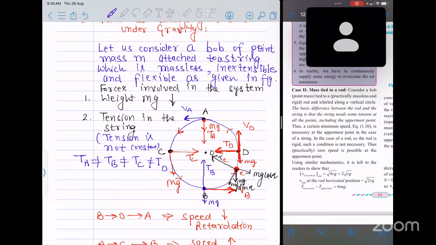It will definitely have some minimum possible speed, that is root rg.